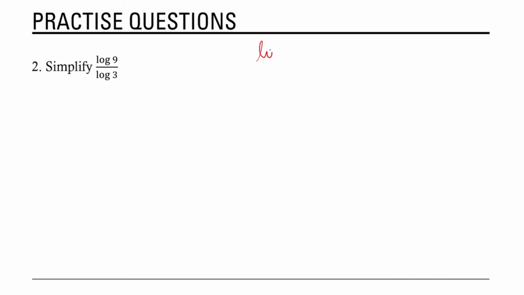The law says log m by n is equal to log m minus log n. But here we have log 9 divided by log 3. So, we have to be very careful. We cannot simply write this log 9 by log 3 as log 9 minus log 3. It is wrong. So, we have to be careful.